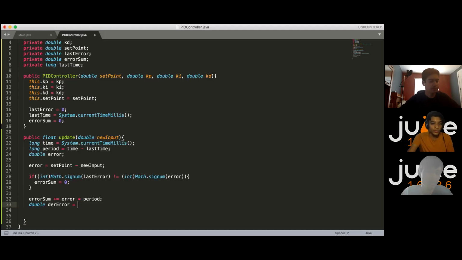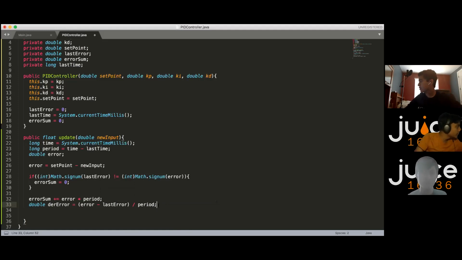We do rise over run to calculate the slope. That's error minus last error, over period. Period is your current time minus your last time. This is the best approximation we can do of the slope at that point.